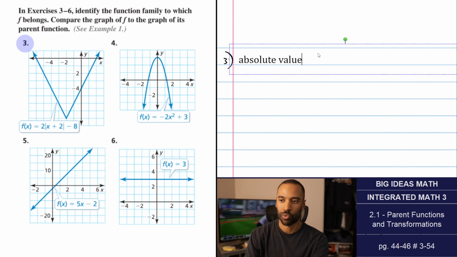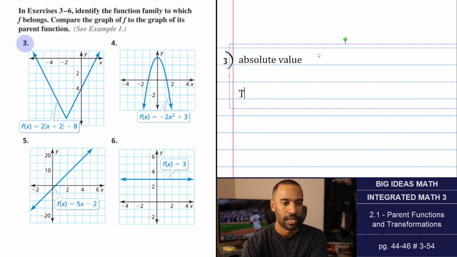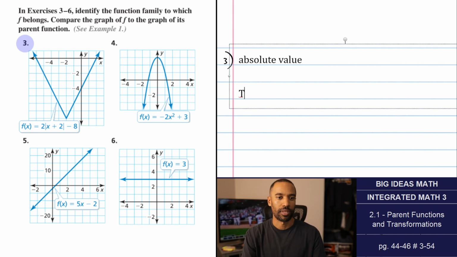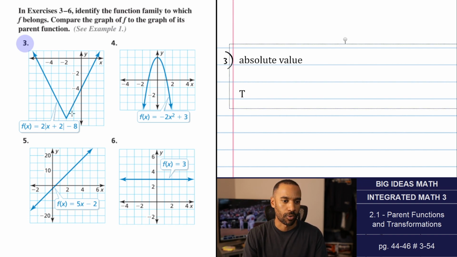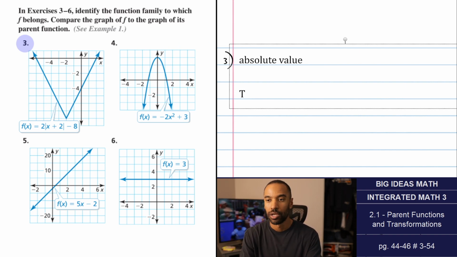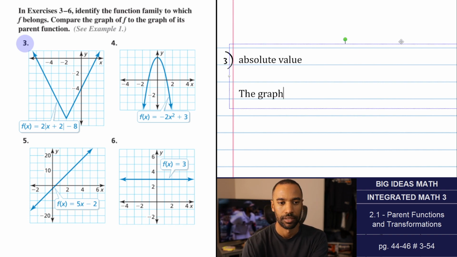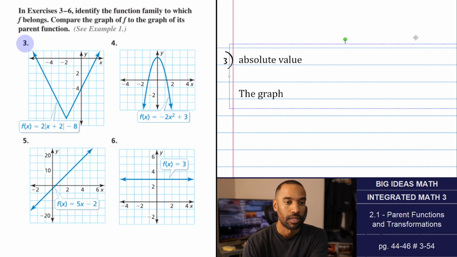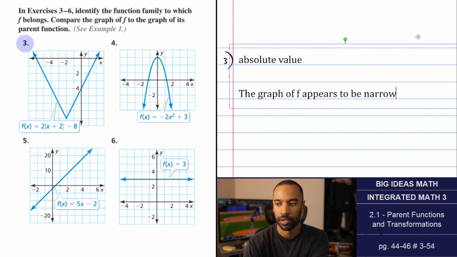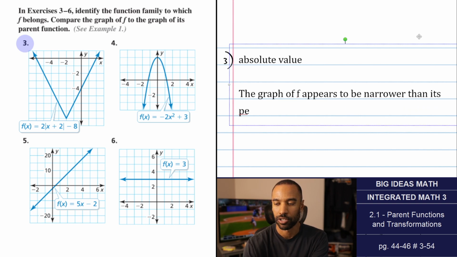Now, as far as describing this, we can say the graph. You have to remember what the original graph looks like, and I'm not going to graph it each time, but remember it's an up 1 over 1 kind of look like this. This one appears to be narrower, which indicates a vertical stretch. So the graph of f appears to be narrower than its parent function, indicating a vertical stretch.